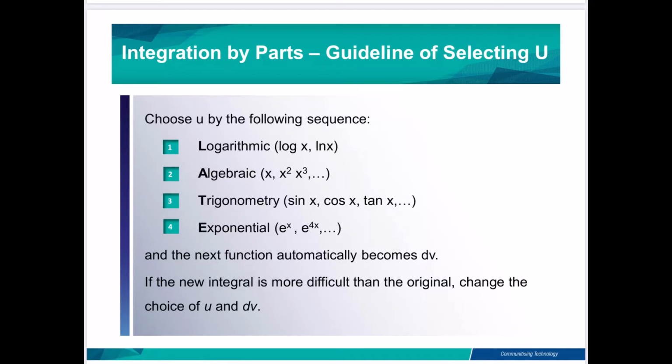The first in the sequence will be u, and the latter will be dv. For example, between log and algebraic, you use log as your u. Between trigo and algebraic, you choose algebraic to be u, and so on.